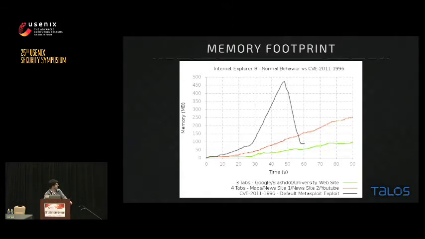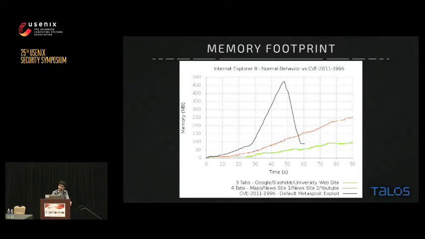And if we look at these graphs, we have in green and in red the behavior of some normal browser activities, like a user browsing Google Maps and YouTube, and another user who has other tabs open and is browsing news websites.